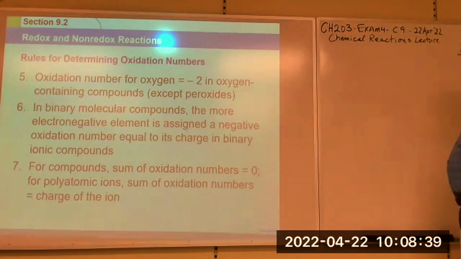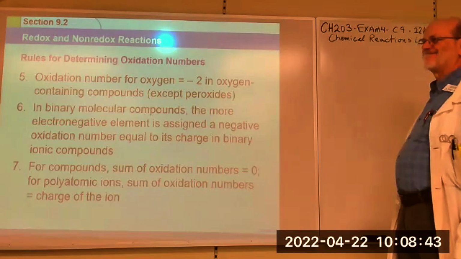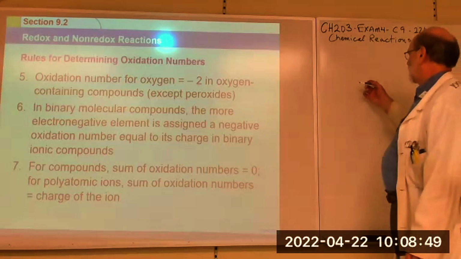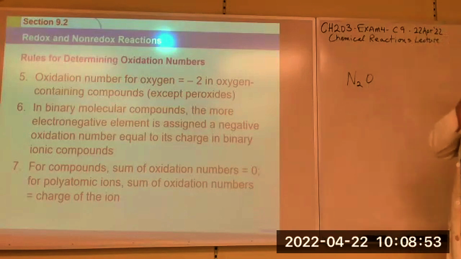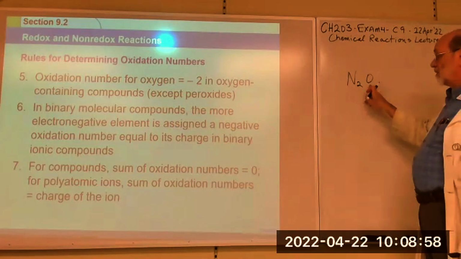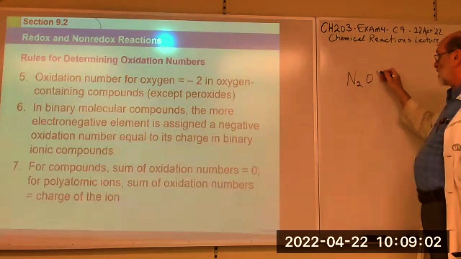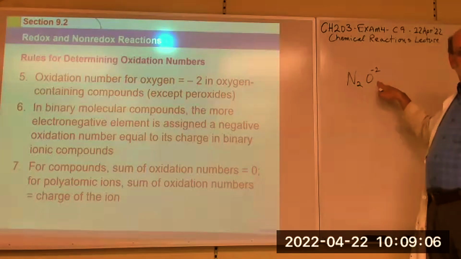How about this one? Laughing gas. Right, the more electronegative one is oxygen, right? It's to the right of nitrogen. So it's going to be the negative one, and you're sure to give it a -2.